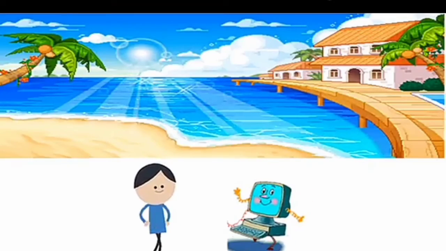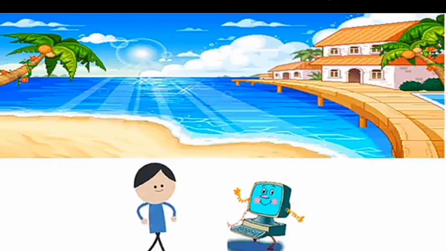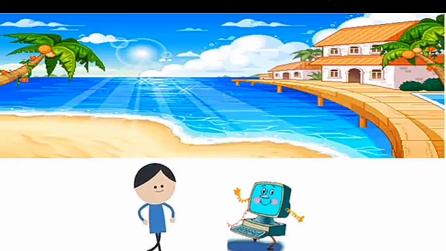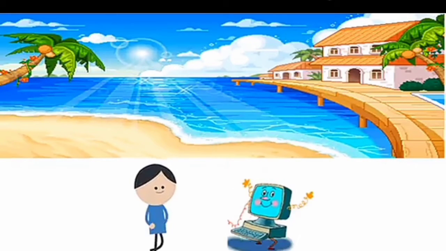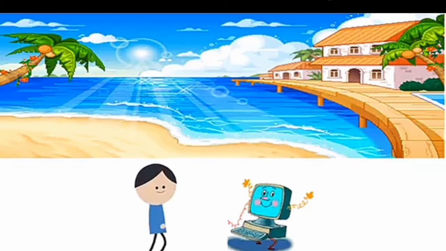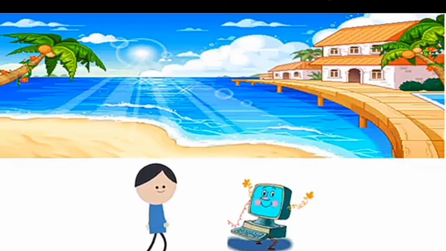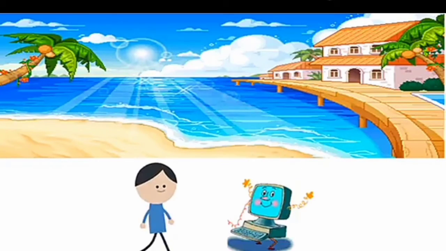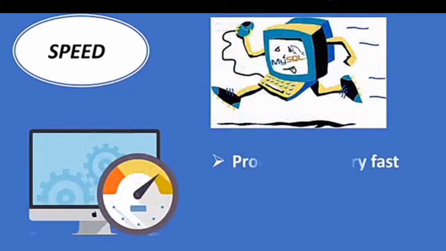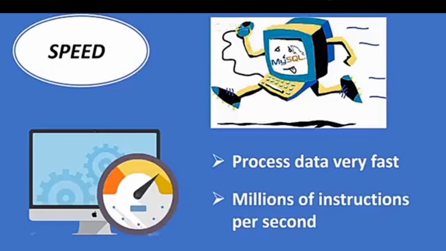About 2 miles. I see you jumping for a long time. Do you feel tired? I am a computer. I don't get tired. My characters are different from human. I will tell you about my characteristics. Speed. The computer can process data very fast, at the rate of millions of instructions per second.